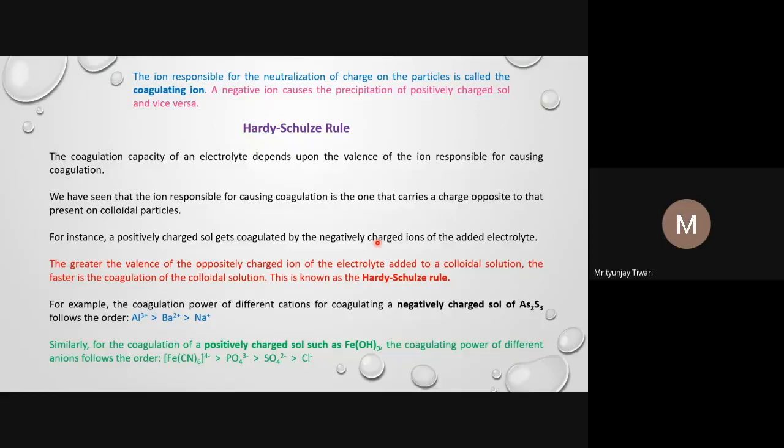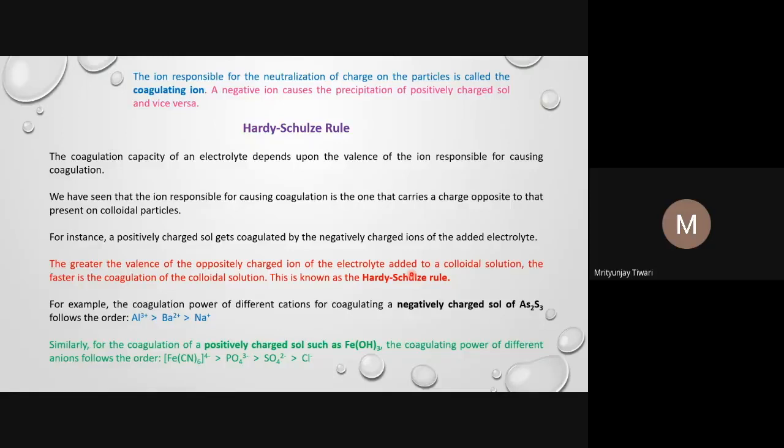So if the colloid is positively charged, the precipitation occurs because of the negatively charged ions of the electrolyte. And if the colloid is negatively charged, the precipitation occurs because of the positively charged ions of the electrolyte. That is what we have to see in the Hardy-Schulze rule.